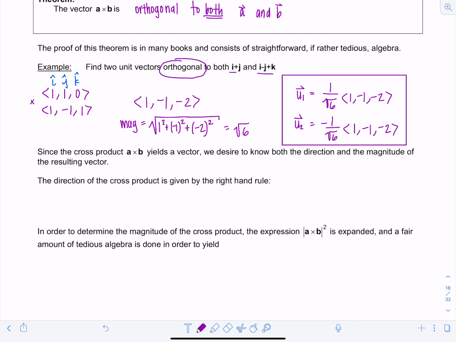Okay? Now, since the cross product yields a vector, we want to know what the direction of that vector is and its magnitude. Now, the direction is given by the right-hand rule.